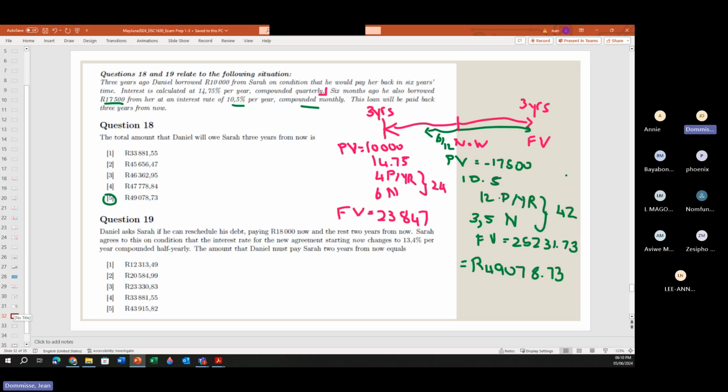You might have used 4 times per year instead of 12 to get you one of the others. So originally I thought that there would be the two amounts separately listed, but you probably could have gotten one of the other options if you had not changed the period or the number of years or the interest rate.